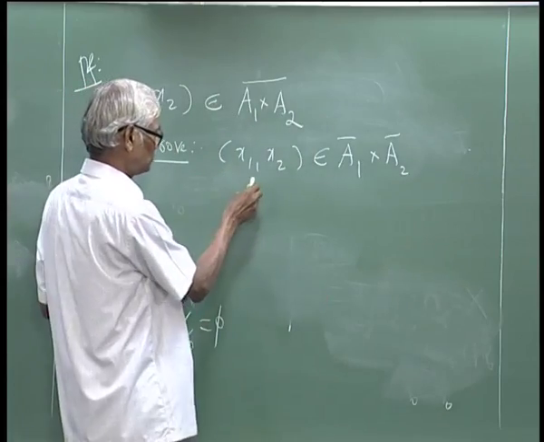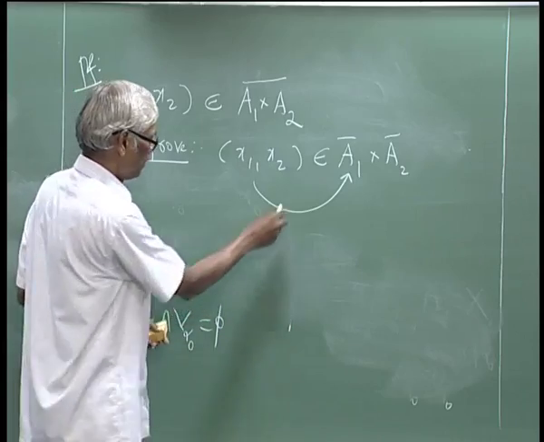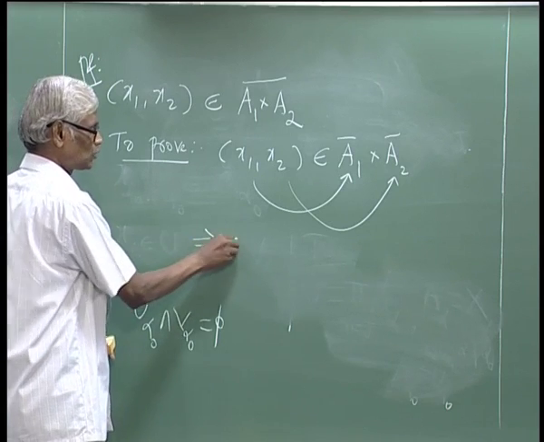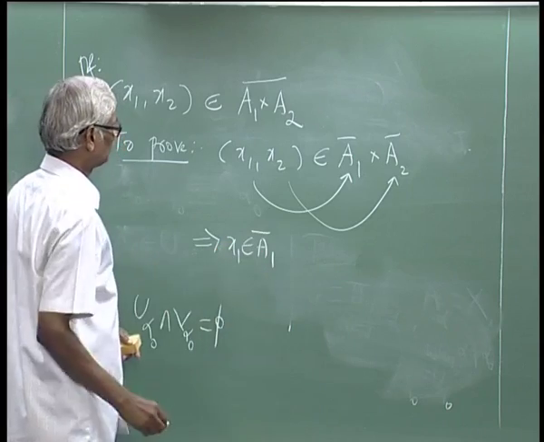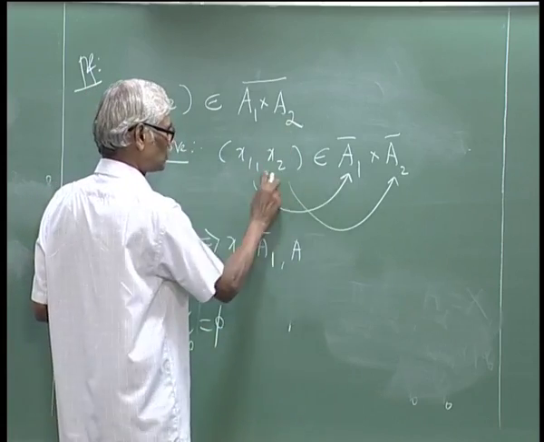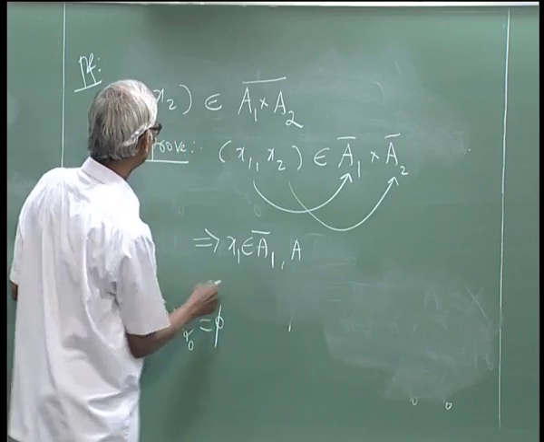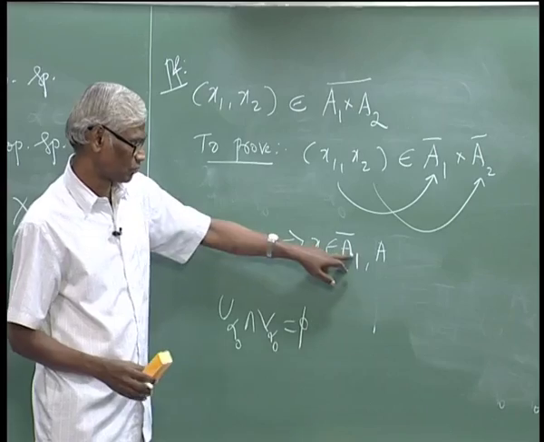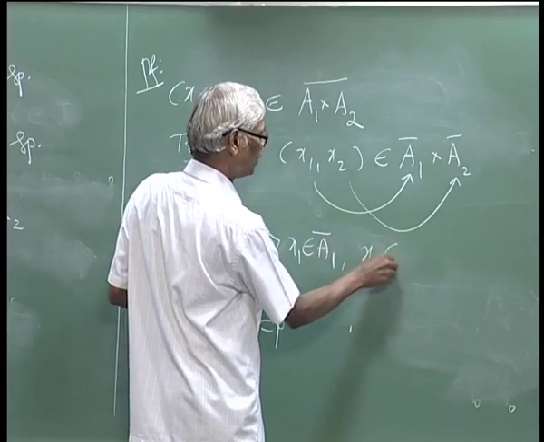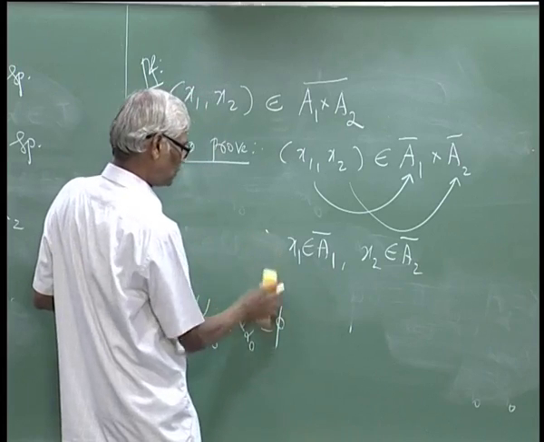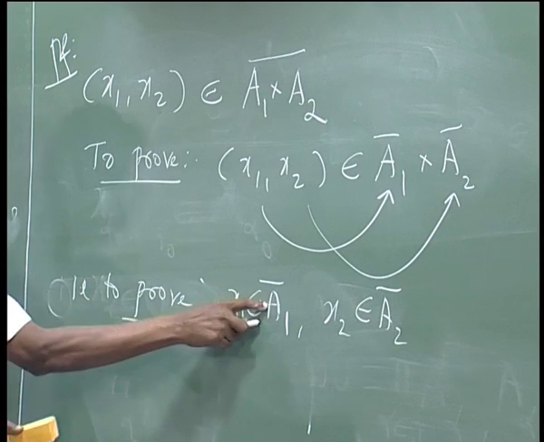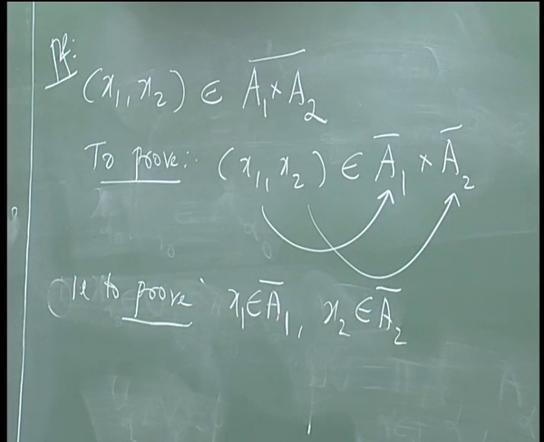That means we have to prove that x_1 belongs to A_1 closure and x_2 belongs to A_2 closure.